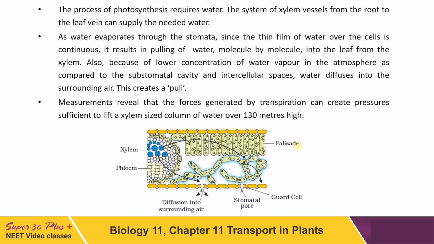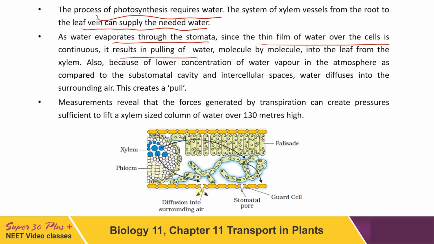The process of photosynthesis, you all know, requires water. The xylem vessels from root to the leaf vein supply the water which is needed for photosynthesis. Water evaporates through stomata. A thin film of water over the cell is continuous, resulting in pulling of water. You see, here is the transpiration.